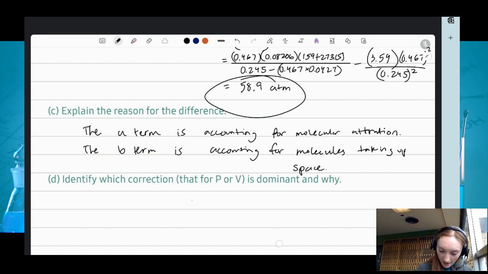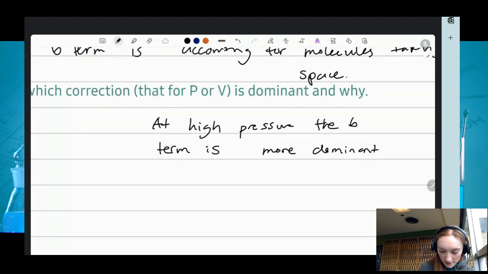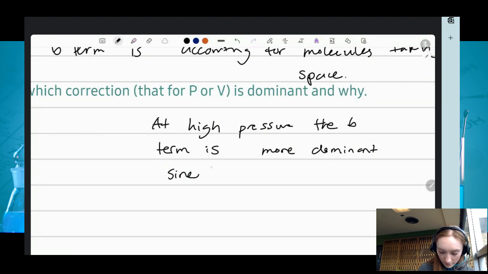So at high pressure, the b term is more dominant since it changes the total volume.